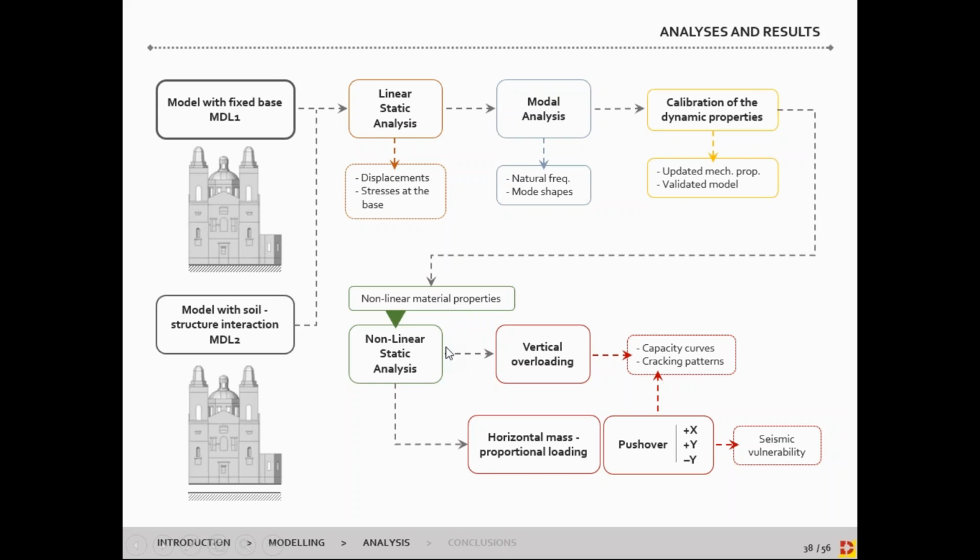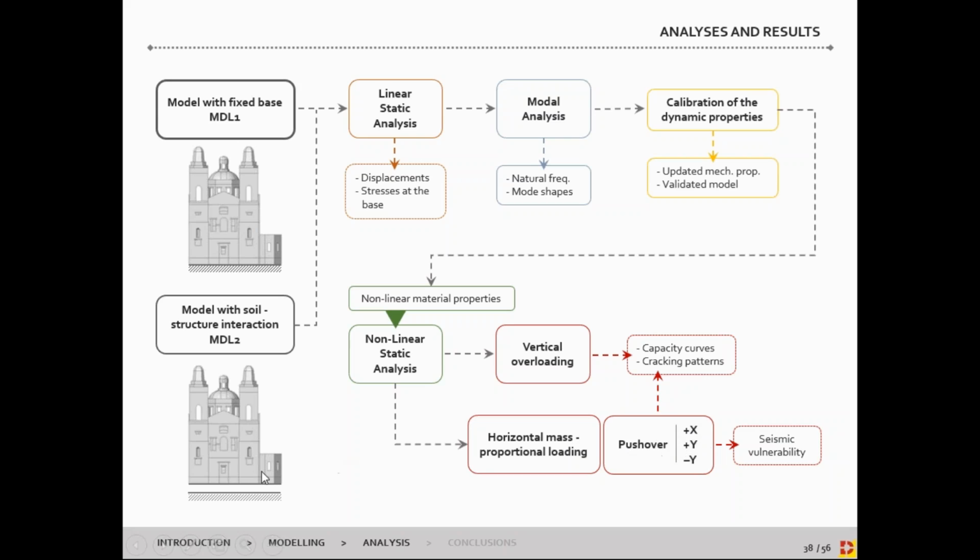So we did one analysis for the self-weight of the structure, and then we increased the load vertically to check the vertical capacity of the structure. And on the other hand, we load the structure horizontally in a monotonic way. So nonlinear static analysis, or also pushover in different directions.